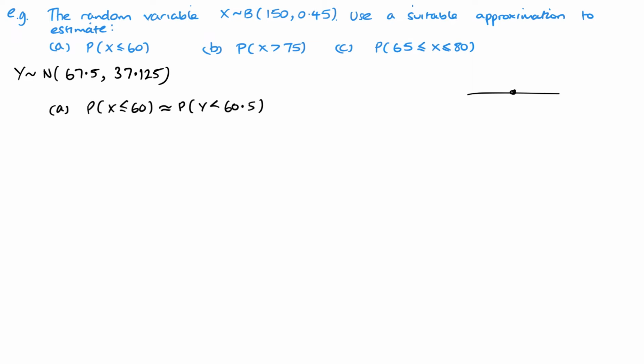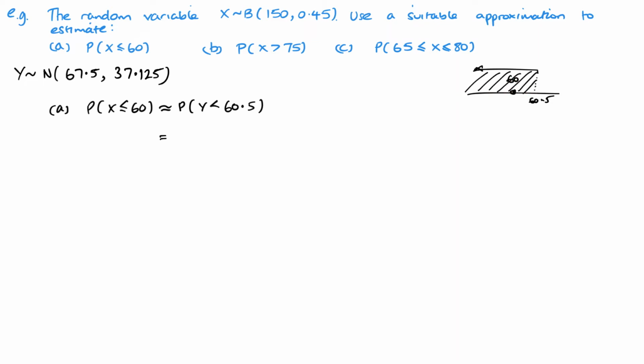Because remember, you're thinking of 60, you want less than, so you need to go as far as that 60.5, because all the values on this right hand side here would round to give you 60. So that's what you're thinking of.